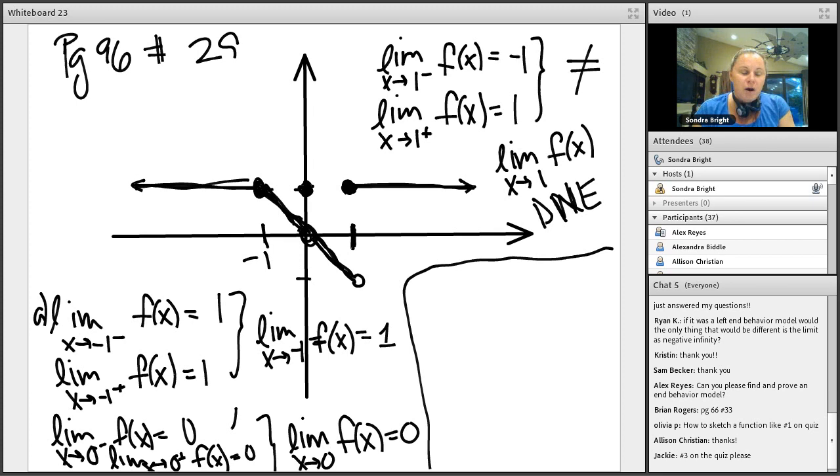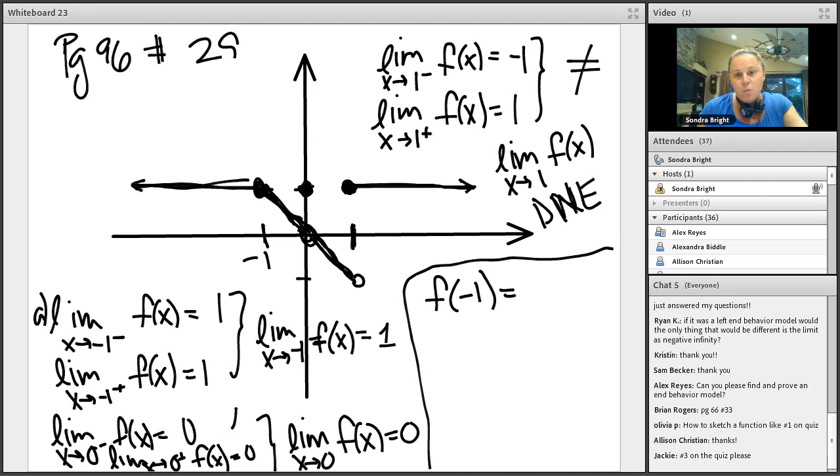And then the third part of the continuity definition is that the function's value must match the limit. So at x equals -1, your limit exists, so we're good on that. And then f at -1, what is the function's value at -1?